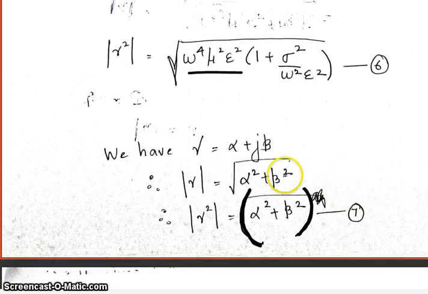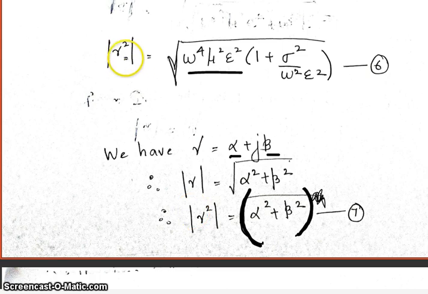Similarly, we have gamma is equal to alpha plus j beta. If I take the magnitude of gamma square, I can write it as the square root of alpha square plus beta square the whole square, which will be equal to alpha square plus beta square, which is equation 7. Now, I can equate equation 6 and 7.